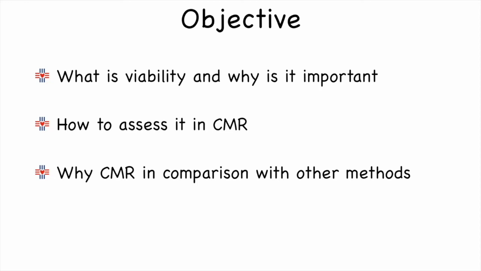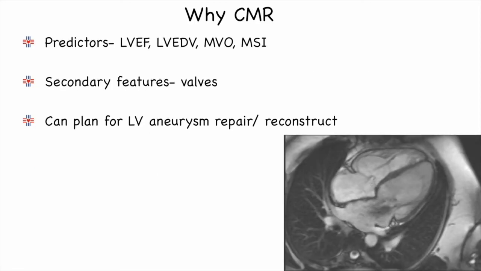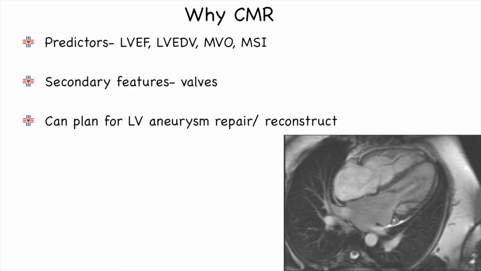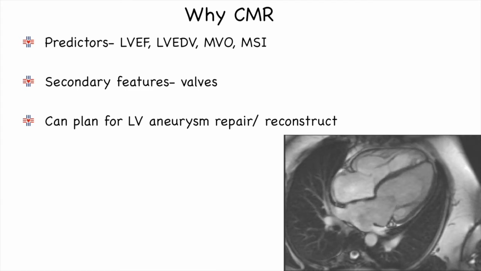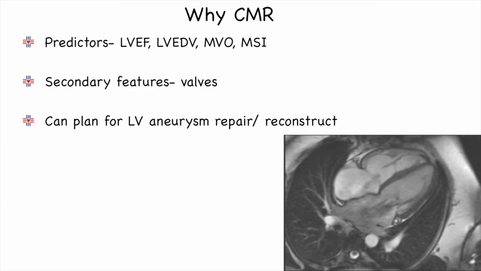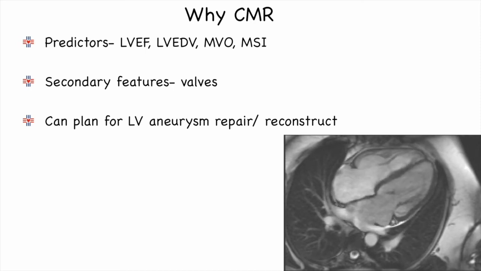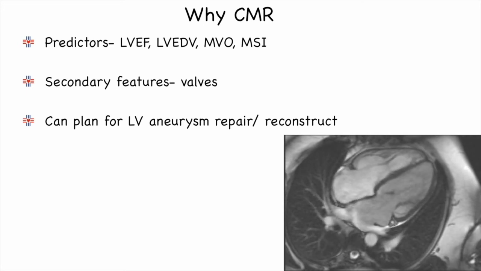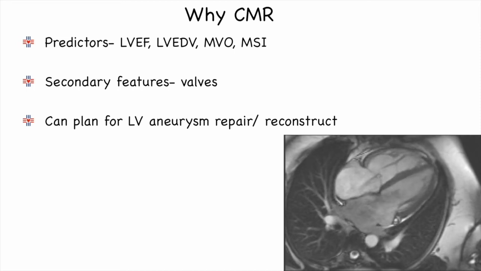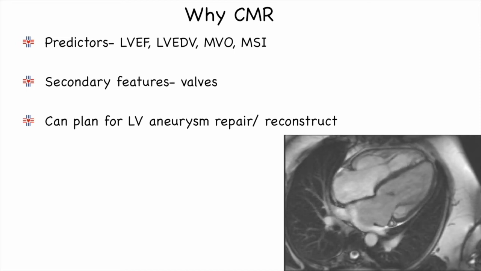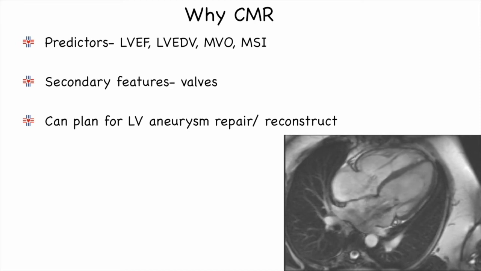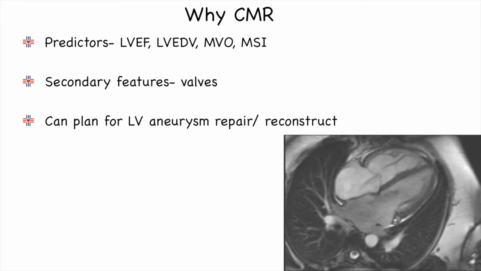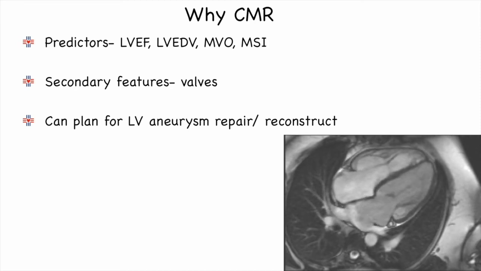Now let's try and compare it with other methods. When we look at cardiac MR, it's important to know that cardiac MR not only gives us the viability data, but it also gives us a lot of other important clinical parameters such as end-diastolic volume, the LV systolic function, and poor prognostic features such as microvascular obstruction, and features of valvular dysfunction can also be seen.